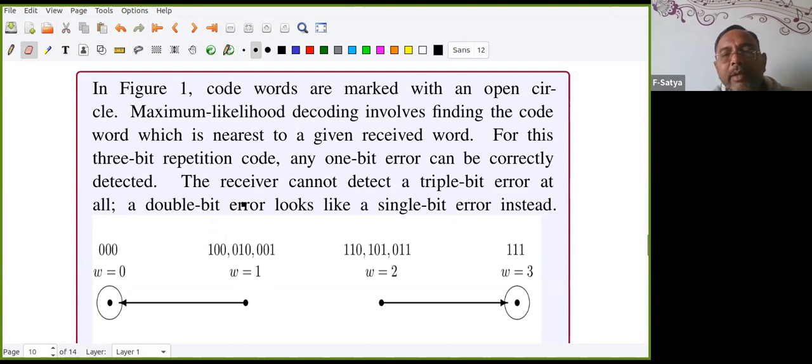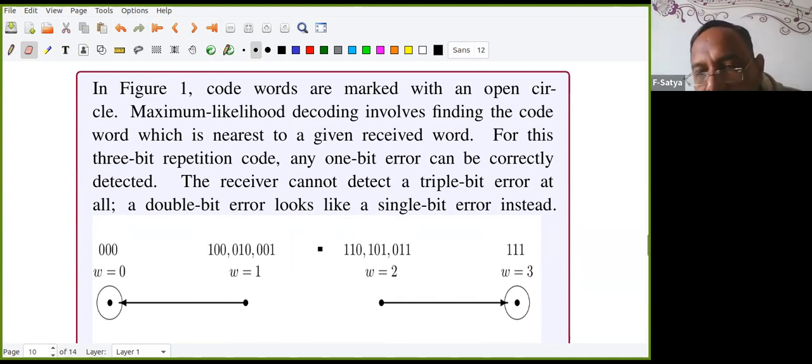So for example, my code is 000 and 111, right? My code is the 3-bit repetition code. So where do I map these? I'll map all of these to 000. So weight 1 and weight 0 map there, and these other vectors I map to 111. Is every vector taken care of?